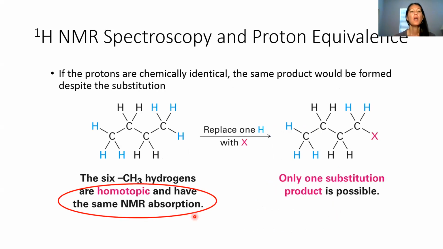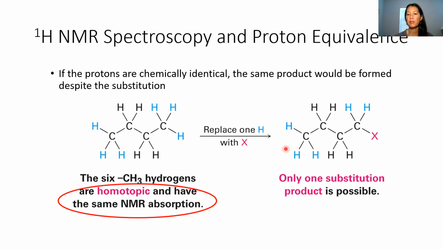Okay, second scenario, the two methyl groups. We saw this with paraxylene, where we had the two methyl groups in the 1 and 4 positions off the benzene ring. These are identical. I can look at these and see the symmetry in the molecule. But basically, you could do the test. If you think these are all equivalent, would replacing any of these H's with an X yield the same molecule?